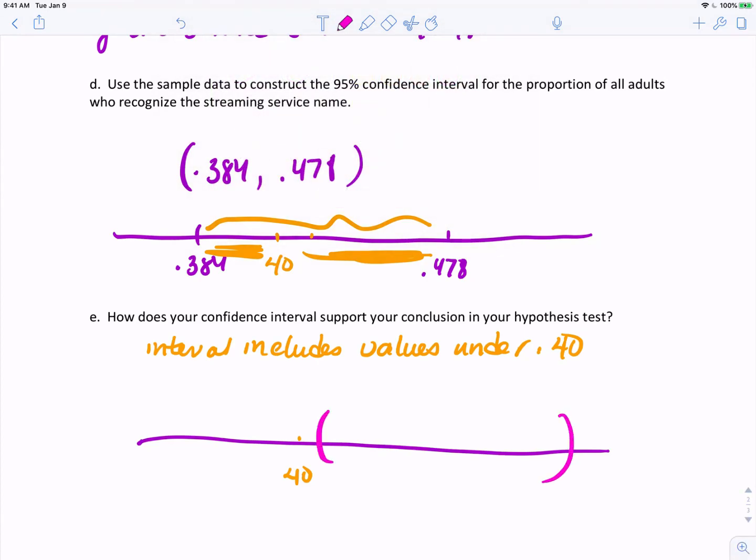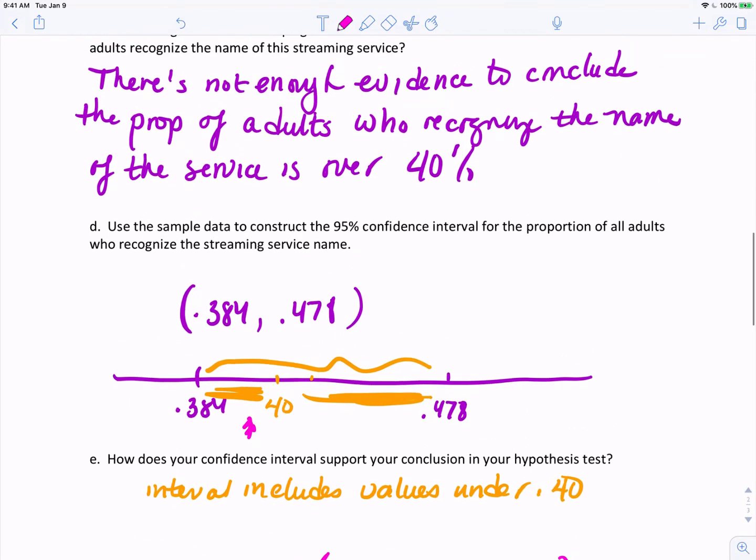This kind of interval would support a conclusion that over 40% of the population recognize the streaming service because it only includes values over 40%. But since our interval included values that were not over 40%, it supports our conclusion that there's not enough evidence to conclude that the population proportion is over 40%. It could be under 40%.